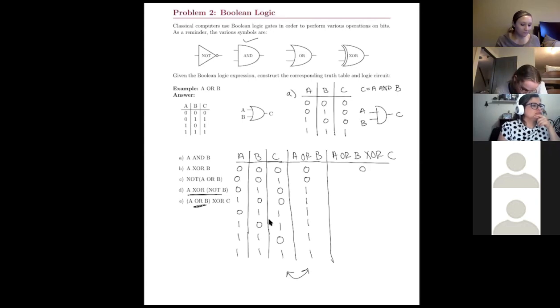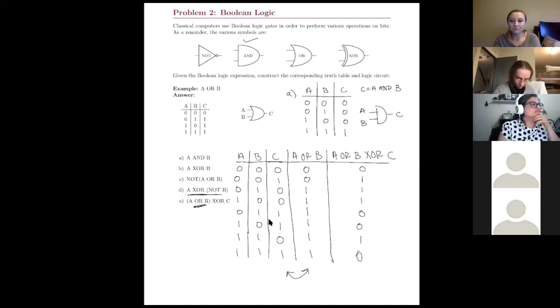So it should be 0, 1, 1, 1, 0, 0, 1, 0. Because exclusive or is only 1 if you have a 0 and a 1. So that, I hope, answers that question.